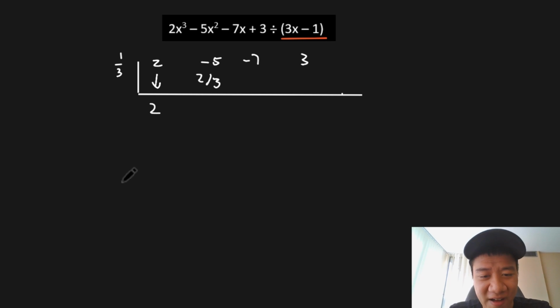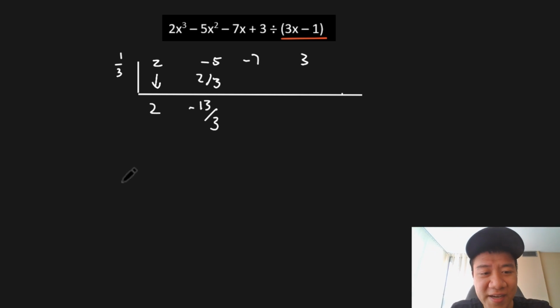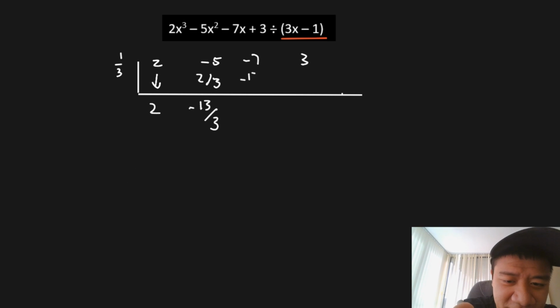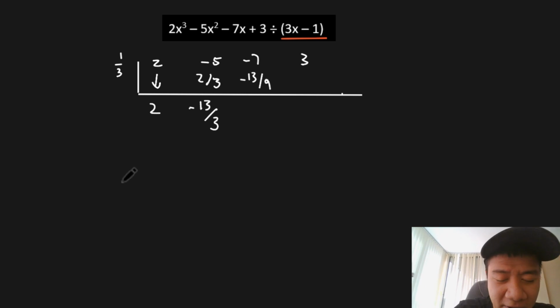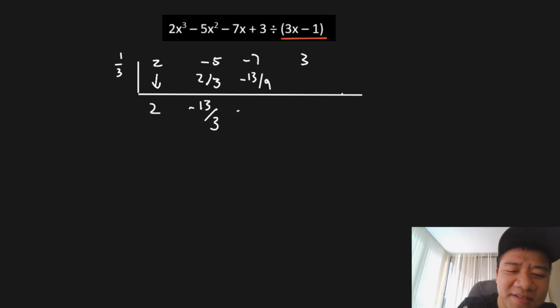And then -5 plus 2/3, quick mental math, is -13/3. -13/3 times 1/3 is -13/9. And then -7 minus negative 13 over 9. If we do this, negative 63 plus negative 13 is negative 76. Negative 76 over 9.